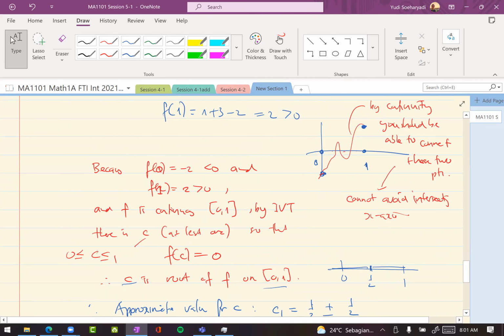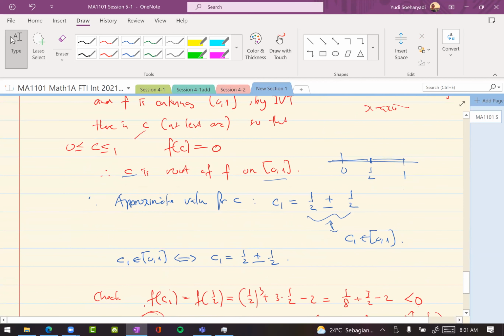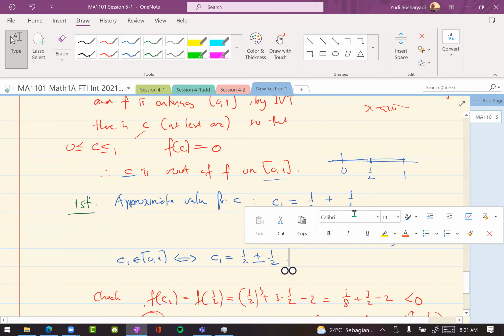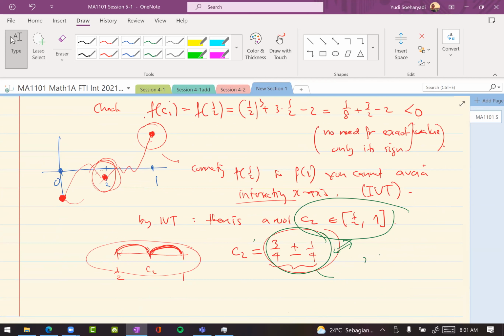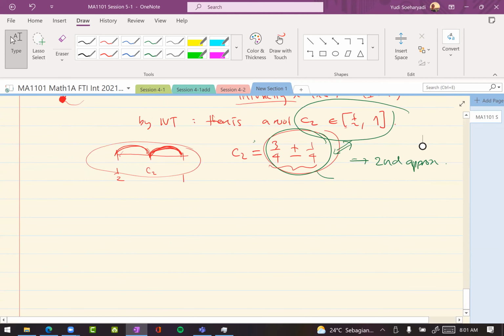This is our first approximation, this is our second approximation, and this is our third approximation.